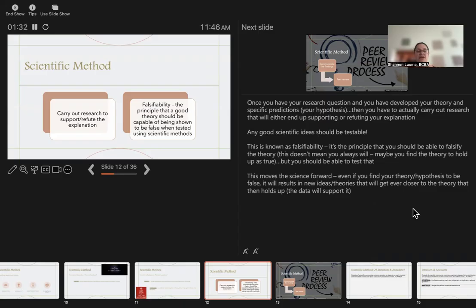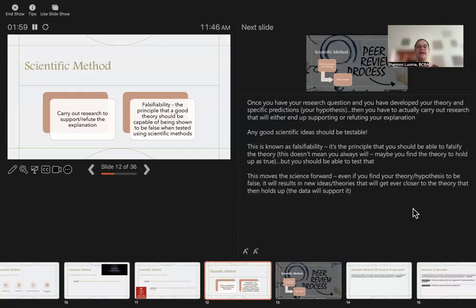So carrying out the research, of course, moves the science forward. Even when you find your hypothesis to be false, you're still producing results from the research. A lot of research will state in their discussion, we expected to find this, but what we actually found was this other thing. And that leads to all of these other questions that we now have.